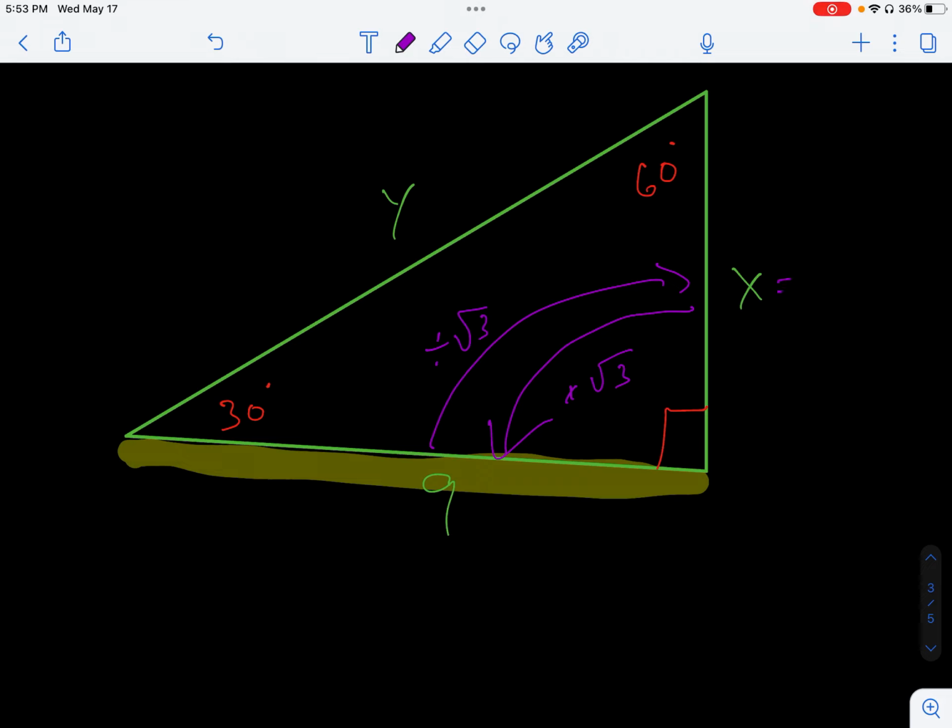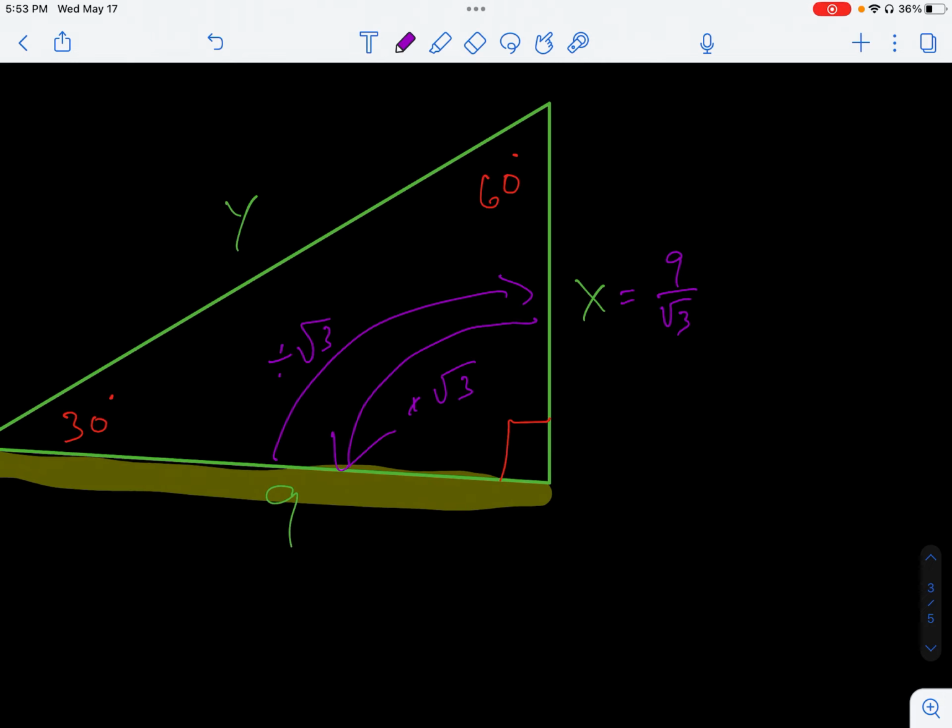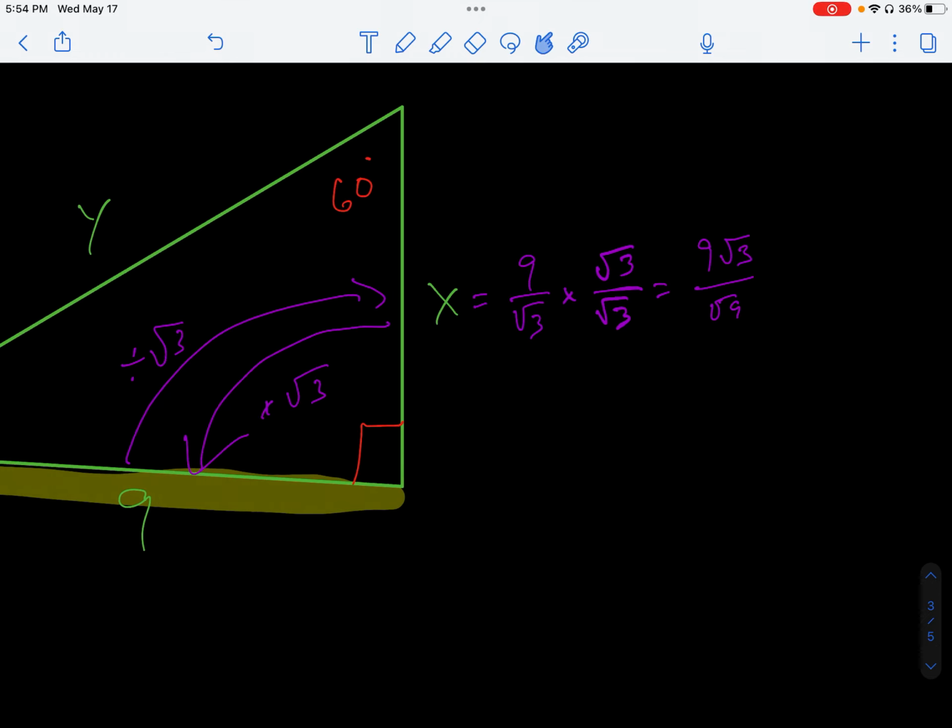So the short leg is 9 divided by radical 3. We know we can't leave the radical in the denominator, so we multiply by radical 3 over radical 3. We get 9 radical 3 over radical 9, which is going to reduce to 3.